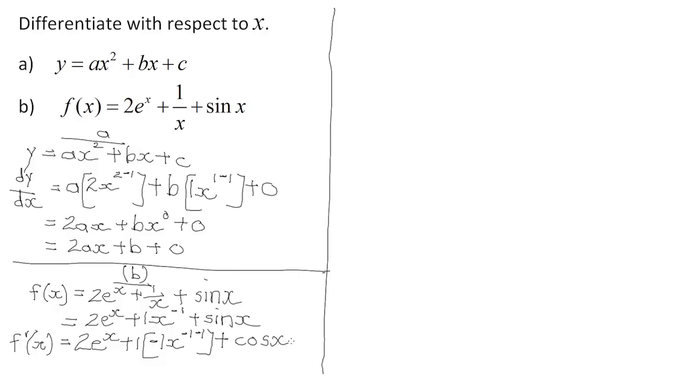Let's move to the other side. f'(x) is equal to 2e^x. A minus and a plus gives you a minus 1x to the power minus 2 plus cos x. Remember, I was talking about the no's.